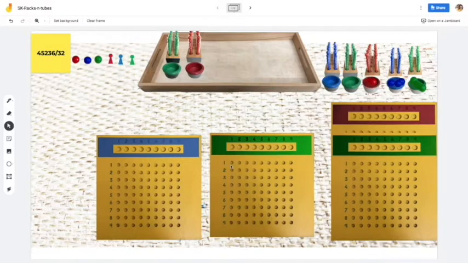Then what do we have in the dividend? We have 5 thousands. So we need to take the green color beads again, put it in the thousands bowl.